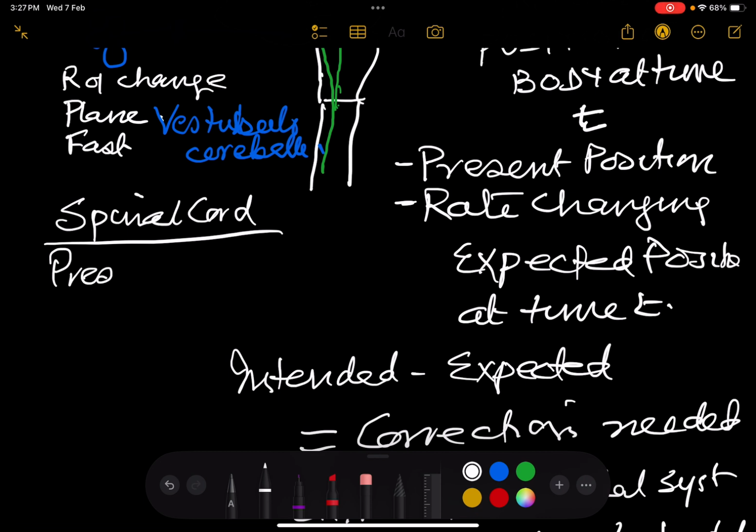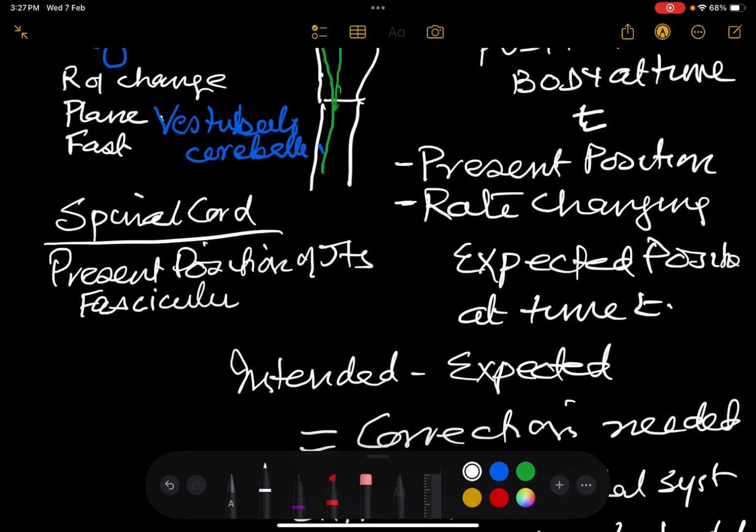Present position of joints, all joints. Information coming from fasciculus cuneatus. Goes up to the medulla and enters the inferior cerebellar peduncle.